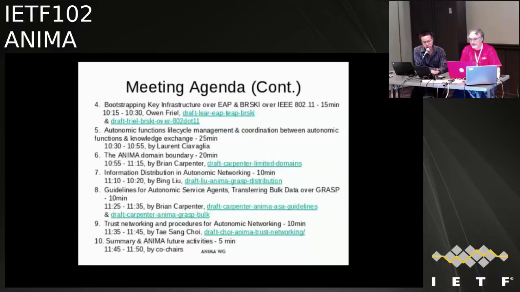Then there is the information distribution in autonomic networking, and guidance for the autonomic service agent together with the transfer of packing data over GRASP, by Brian. And at the last, it's the trust networking and procedure for autonomic networking. Any agenda bash?